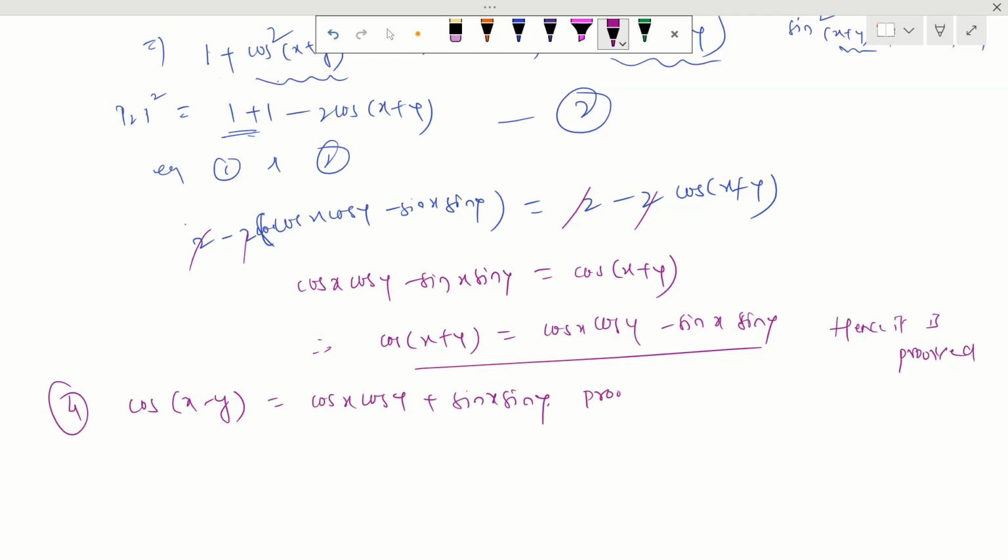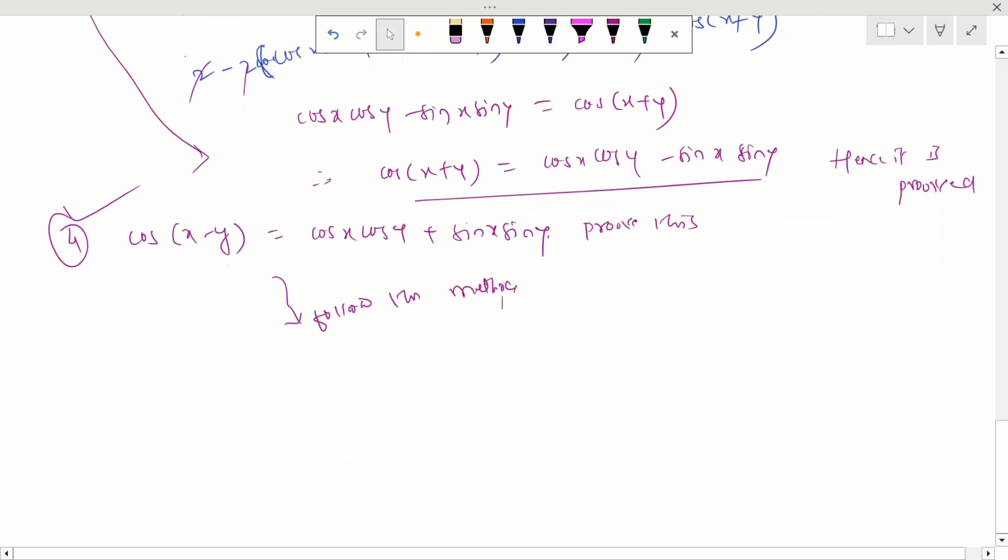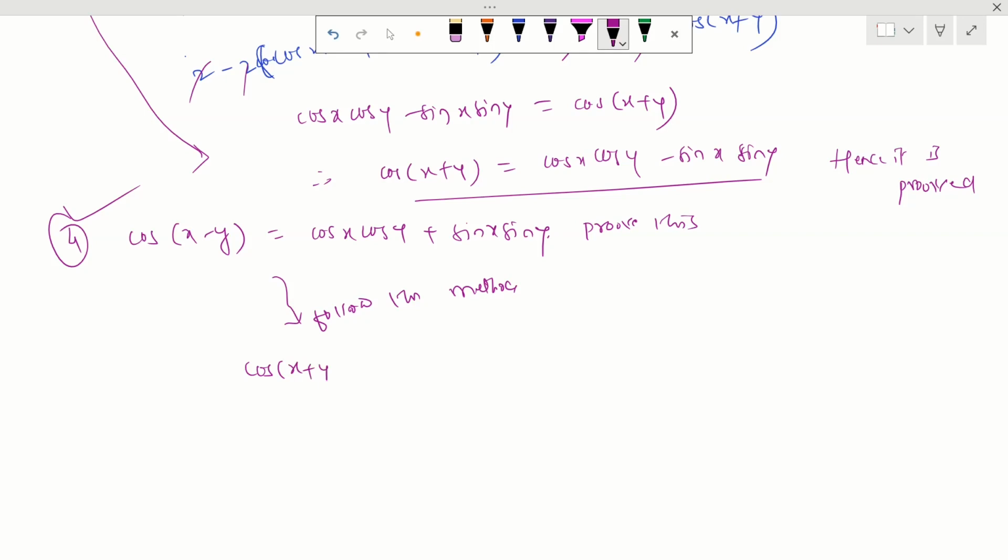How can you prove it? If it is asked in your examinations, we have to follow the same procedure, the same previous method, and finally we get cos of (x plus y) equal to cos x cos y minus sin x sin y.